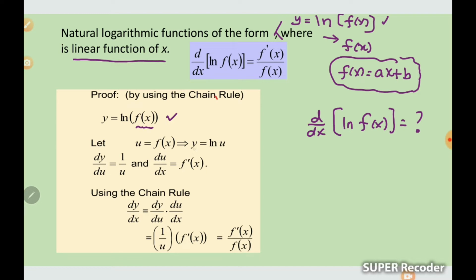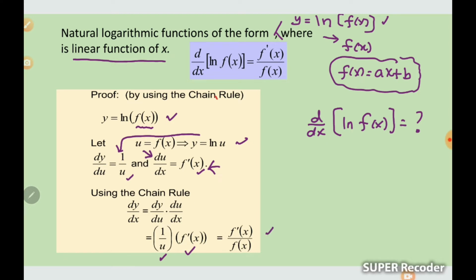So y in terms of u is y equals ln u. Differentiating u, we get du/dx, or f prime x. So dy/du equals 1 over u.